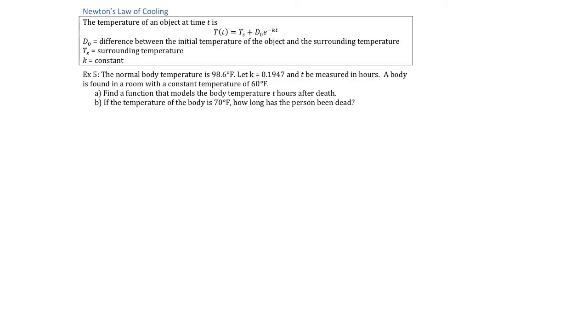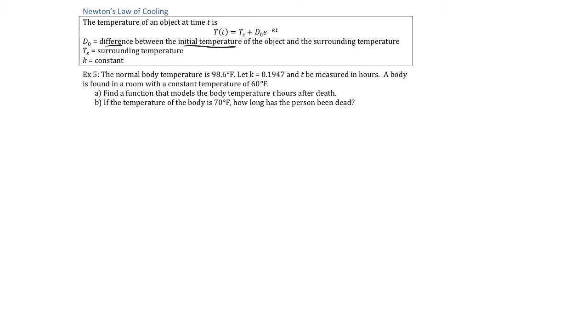Another application that uses exponential growth is Newton's law of cooling, and this is extremely helpful because we can figure out the time of death based on the surrounding temperature and the temperature of the body when it's found. So here's how this works. The D naught is the difference between the initial temperature and the object.